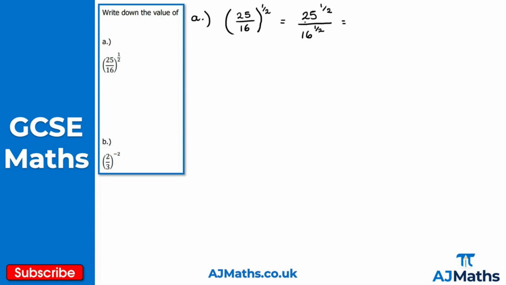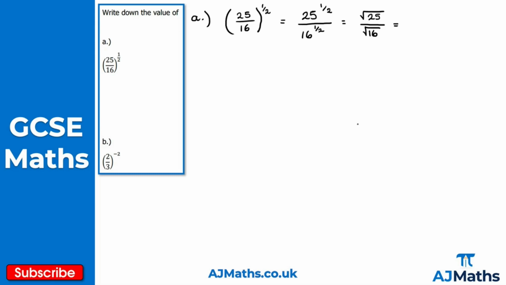I'm taking the second root, or the square root, of our base. So that's the square root of 25. The numerator, which is 1, tells us what we raise all of this to, but if it's just 1, it doesn't affect our answer. So it's just the square root of 25 over the square root of 16.